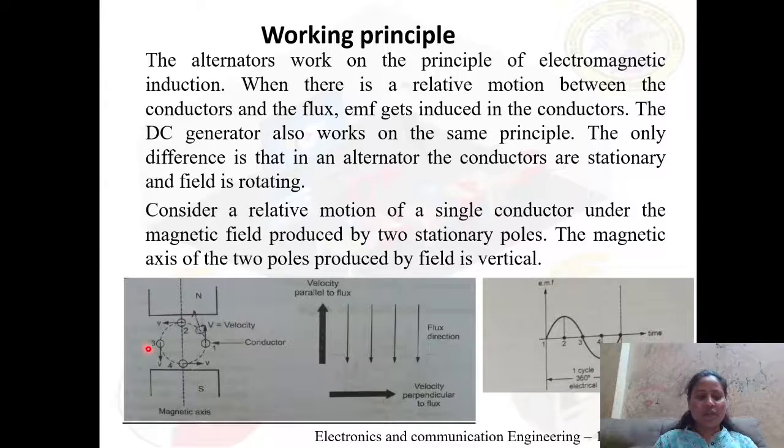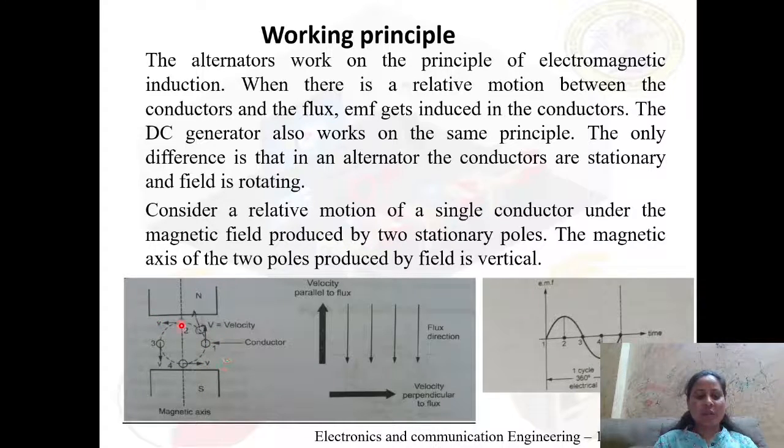When it comes to position 3, again velocity is acting vertically downward, field lines are also acting vertically downward and they are parallel. The flux lines will not be cut, EMF will be 0. And at position 4, velocity is horizontal and field lines are vertical. The maximum flux lines get cut by the conductor, and here the EMF induced will be maximum.